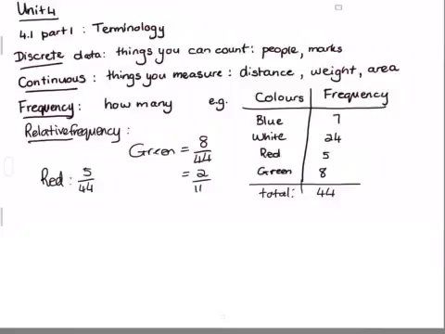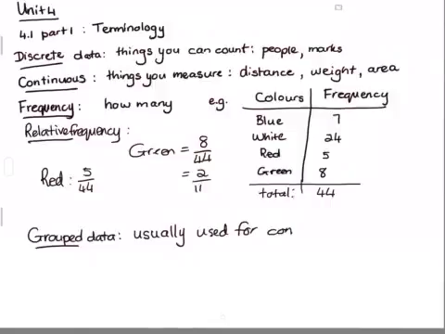We're going to do one more new word, grouped data. And that is most commonly used for continuous data. You can do it for discrete data as well.